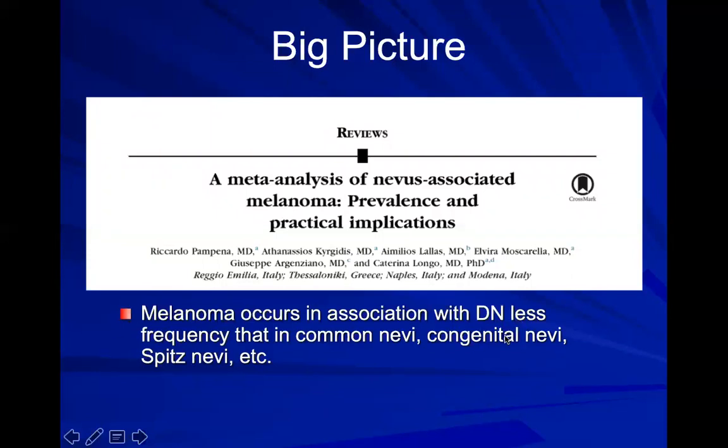Okay, so the DN architecture nevi are the ones that got the name DN, but all these other nevi can be atypical and progress to melanoma also, and they do so more frequently.